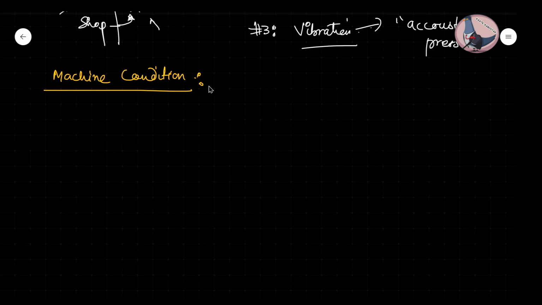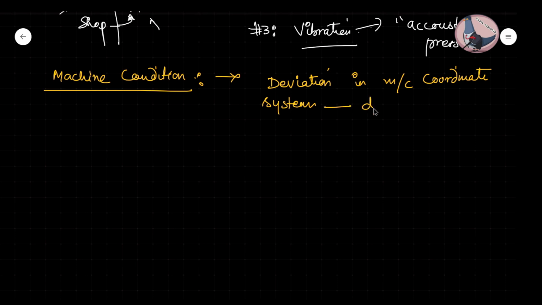This machine condition generally occurs due to deviation in machine coordinate system, from what has been defined, or which is the ideal one, and which has deviated from this.